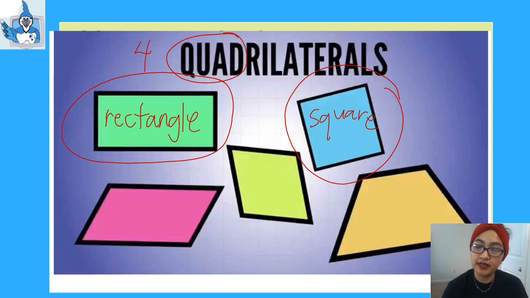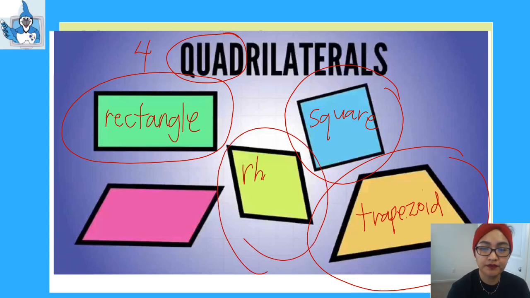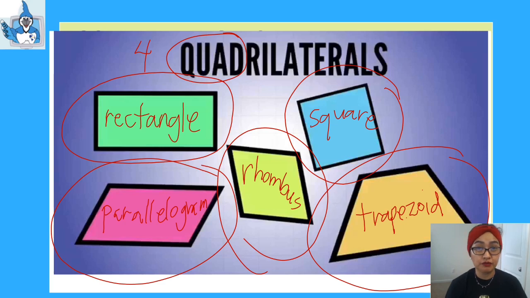Okay, and this one is the trapezoid. And then the middle is your rhombus. And the last one is your parallelogram. So I hope, boys and girls, that you're going to remember all the names of our quadrilaterals. We already played with them or held some blocks at school that are quadrilaterals. So I know you are familiar with this.